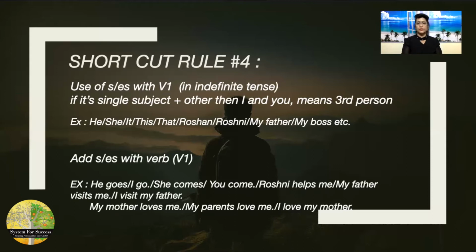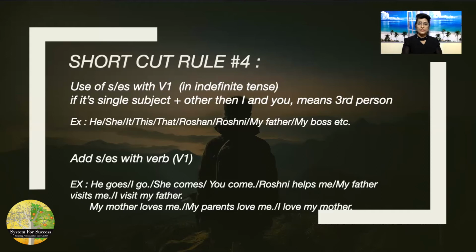Roshni helps me. If you say Roshni and Rohan, then the sentence will be Roshni and Rohan help me. My father visits me. My father is a single subject. But अगर आप sentence में use करोगे my parents, तो it will become my parents visit me. I visit my father. My mother loves me because my mother is single and third person.